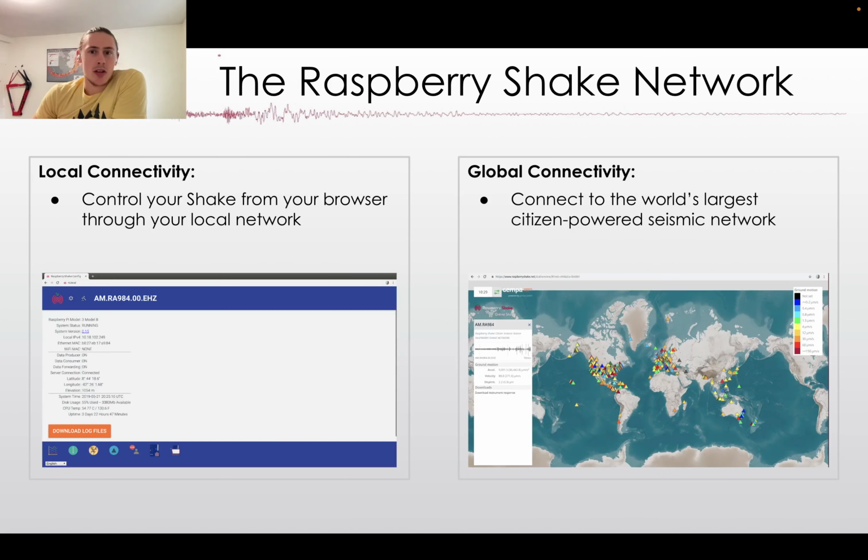And then the computer, the Raspberry Pi, connects to the network, and you can connect to it with the local browser web interface where you can program it, and then it sends the data to the global network, which we'll explore here in a second. But that's kind of where you can go in and access the data.